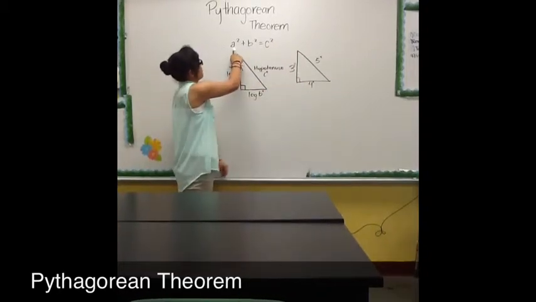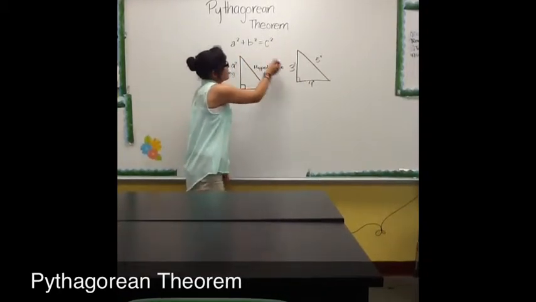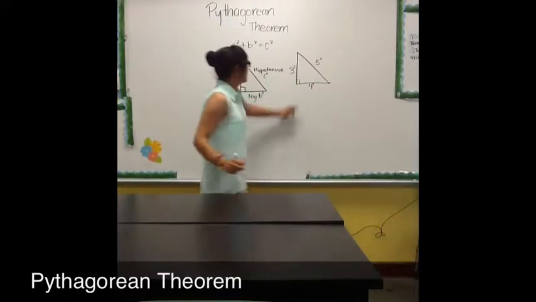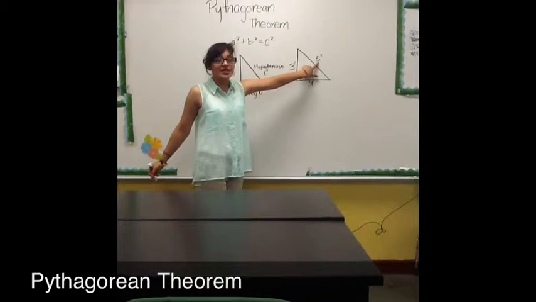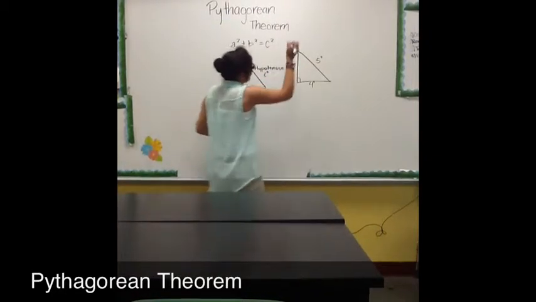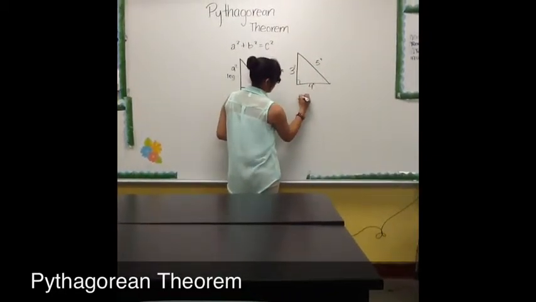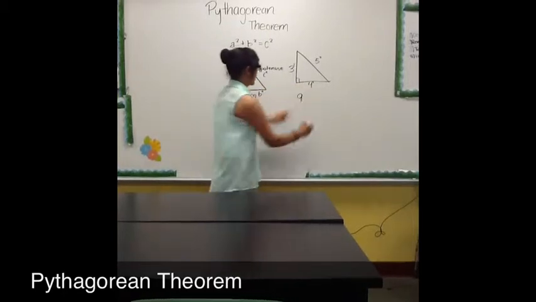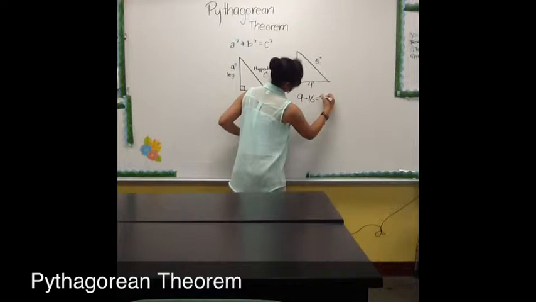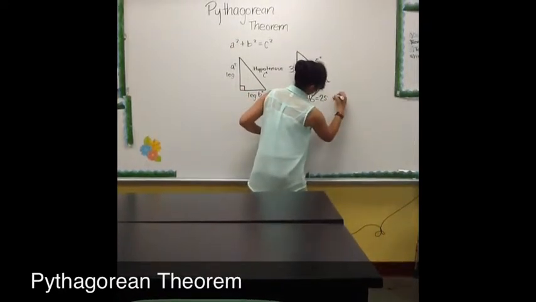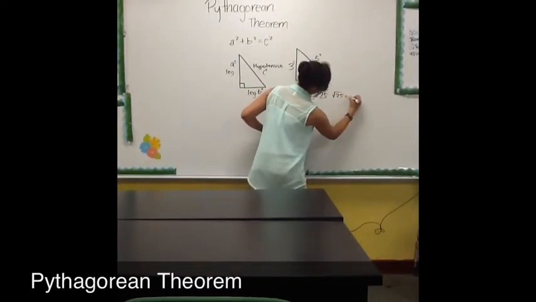Since the formula is a squared plus b squared equals c squared, we have to check if this is the correct number for the hypotenuse. 3 squared equals 9. 4 squared equals 16. 9 plus 16 equals 25. And the square root of 25 equals 5.